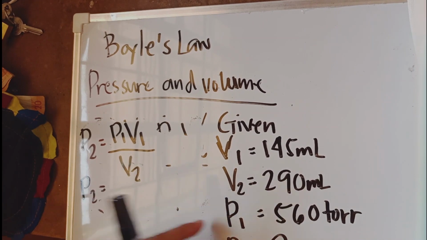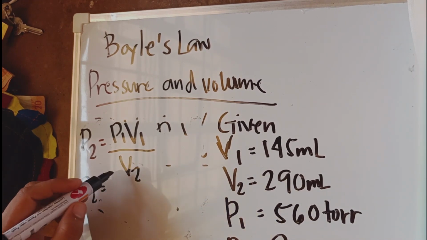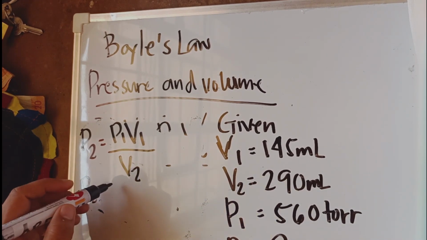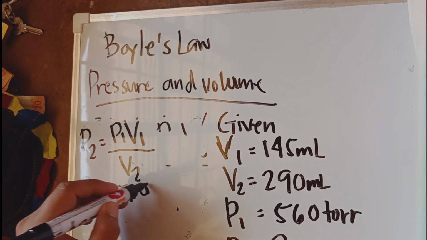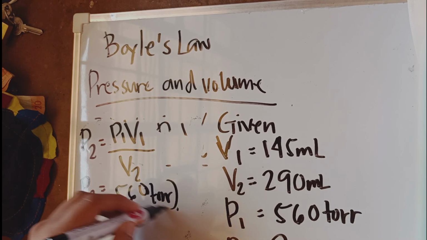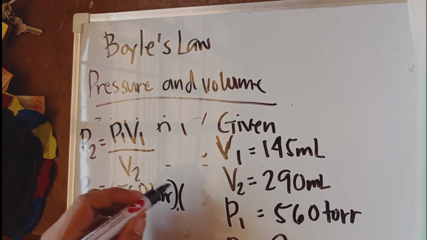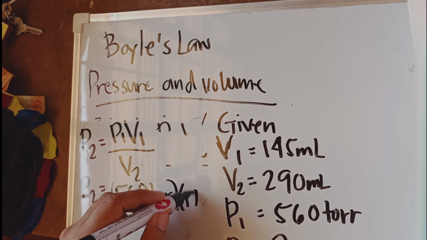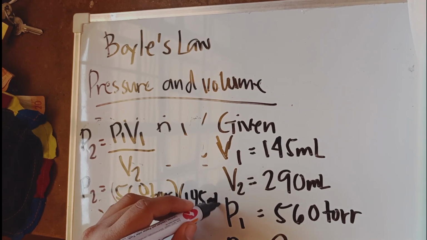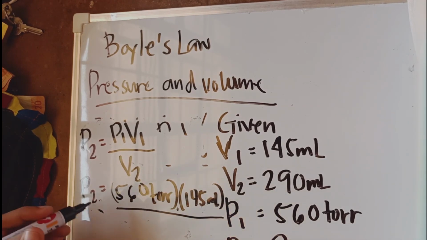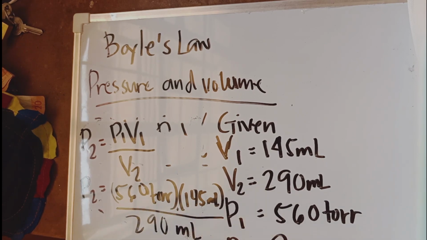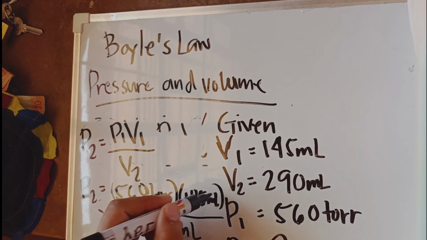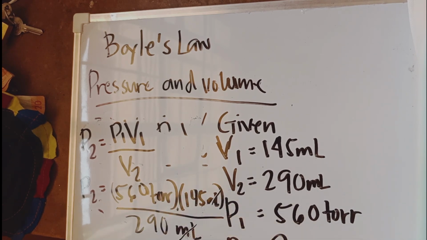Substitute the given values: pressure 1 is 560 torr, multiplied by the volume 1 of 145 ml, divided by volume 2, 290 ml. This time ml and ml will cancel out because it's a division.